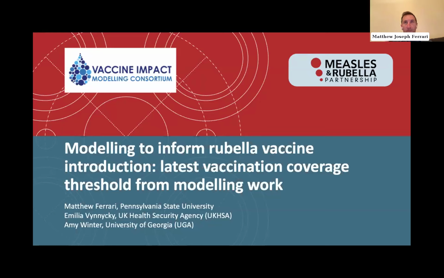We're going to present this from a slightly historical perspective, because we're going to present much of the work and evidence that was presented to SAGE, in support of an effort to change the criteria for rubella-containing vaccine introduction. That change was in fact adopted in September of 2025, when SAGE recommended universal introduction of rubella-containing vaccine in all remaining countries, regardless of the classical criteria, and we'll mention that again as we go through.